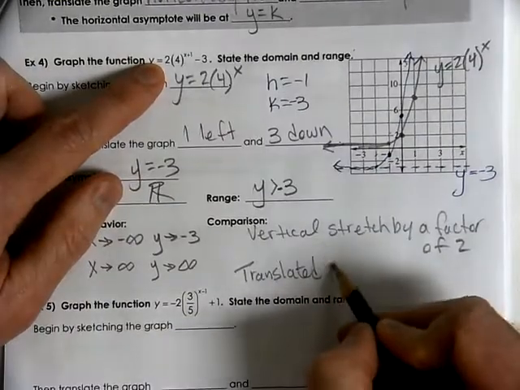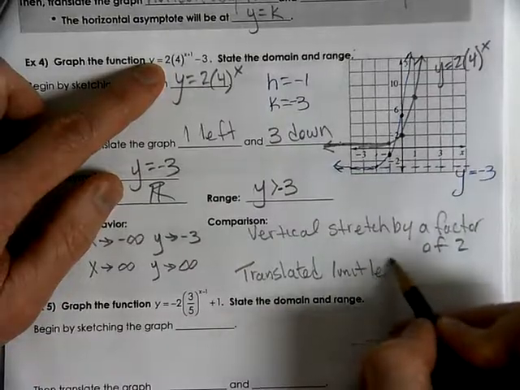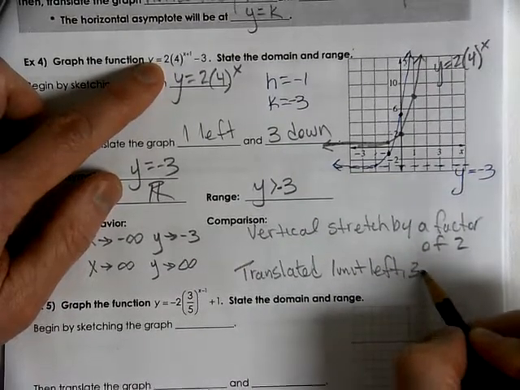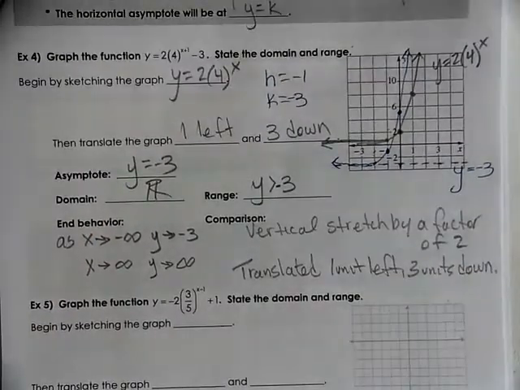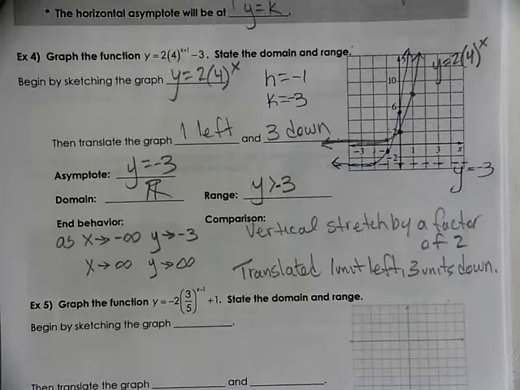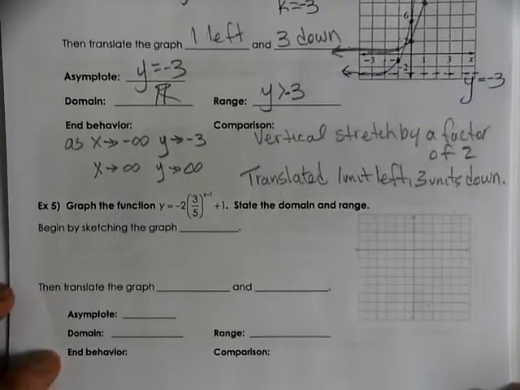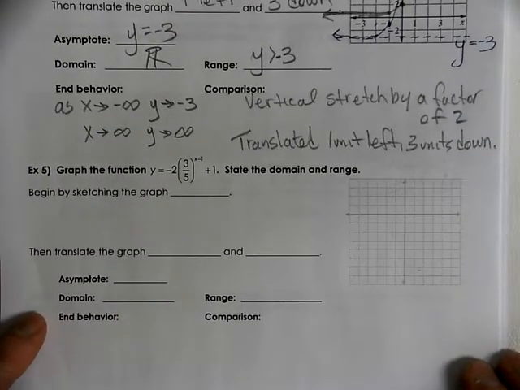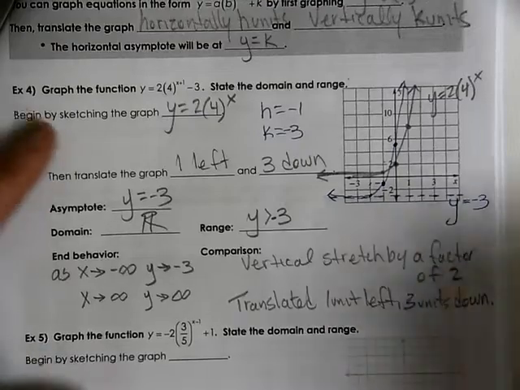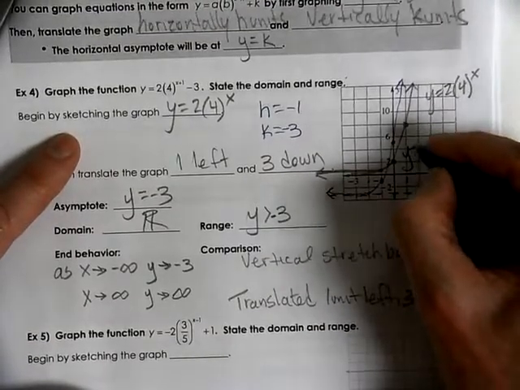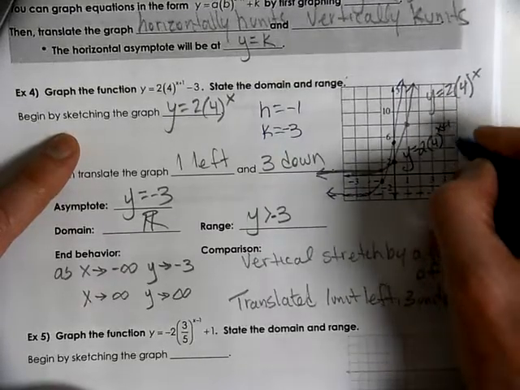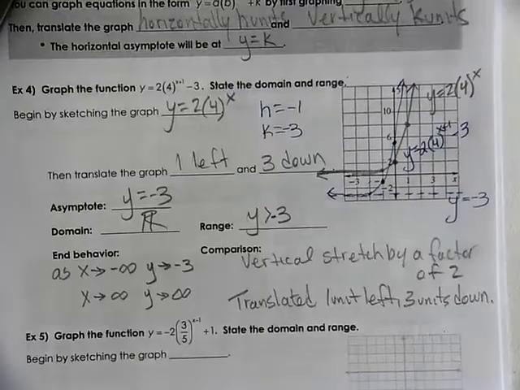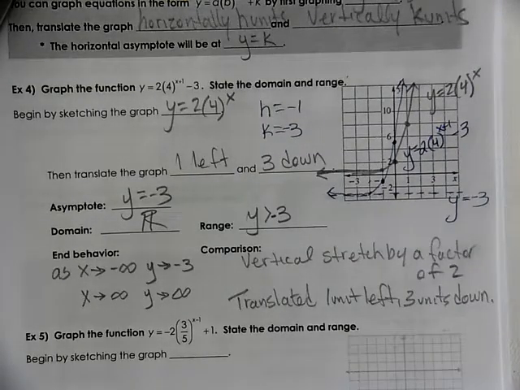And we're translated 1 unit left, 3 units down. In our graph up here, it would be good if we would write our equation as 2 times 4 to the x plus 1, minus 3. Write your equation. Label your graph.